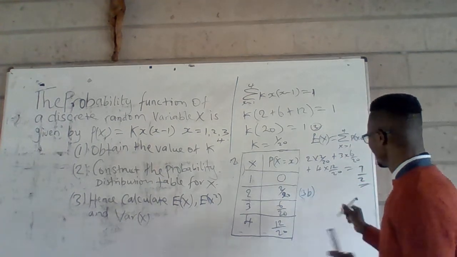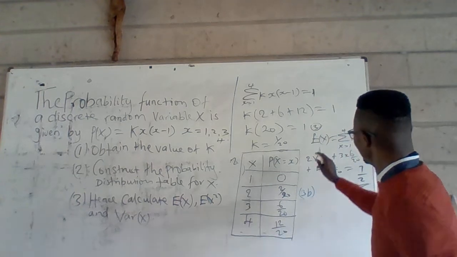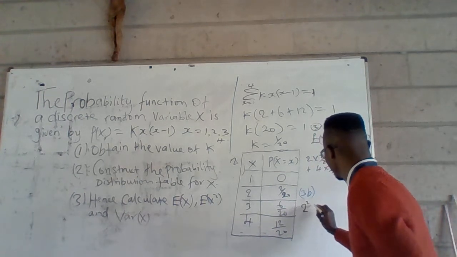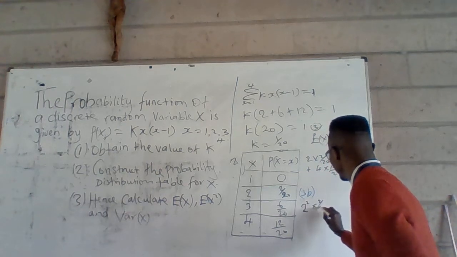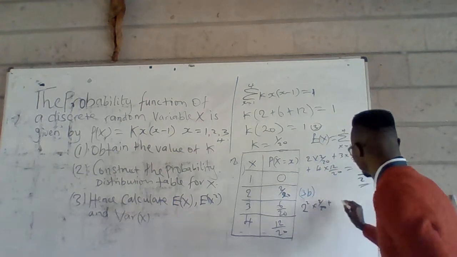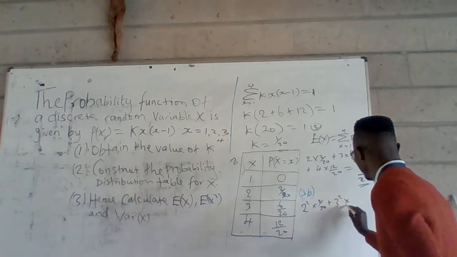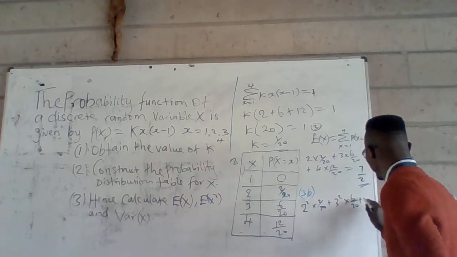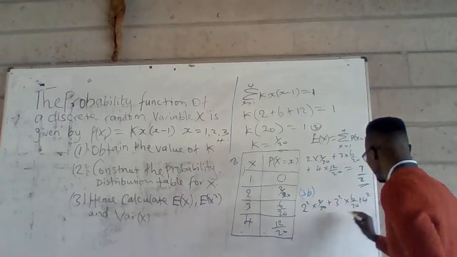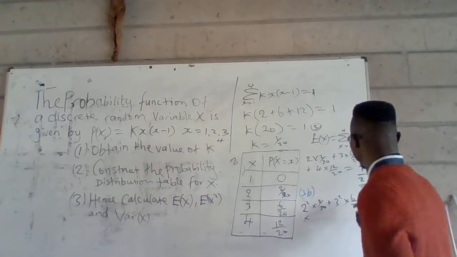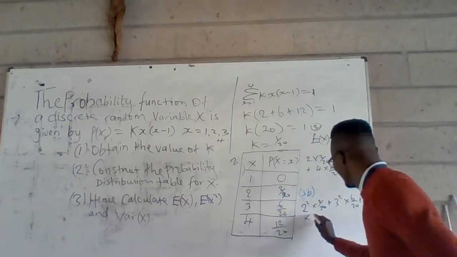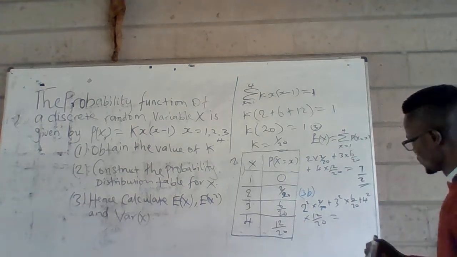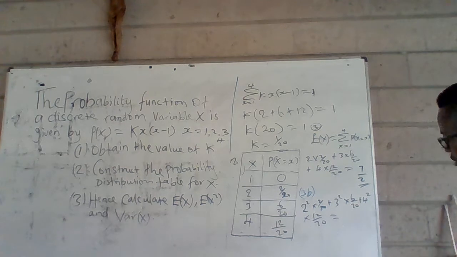So our 3b will be x squared, so it is 2 squared multiplied by 2/20, plus 3 squared multiplied by 6/20, plus 4 squared multiplied by 12/20. So that you also put that in your calculator.